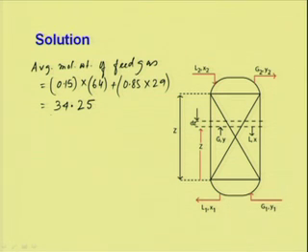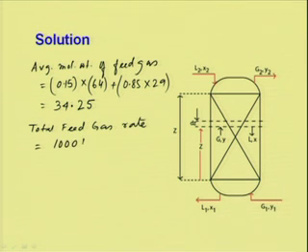Then total feed gas rate we can calculate, which is given 1000 kg per hour, which is equal to 1000 divided by 34.25.